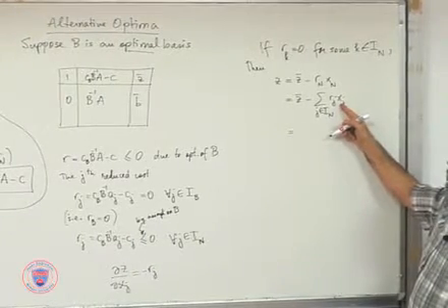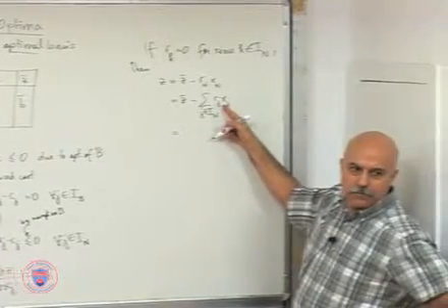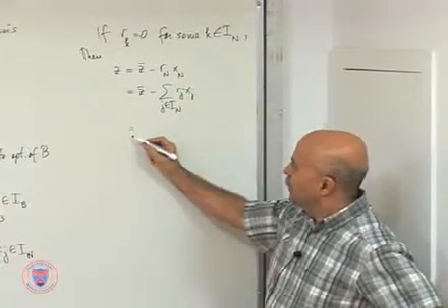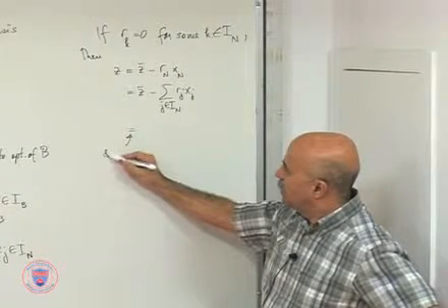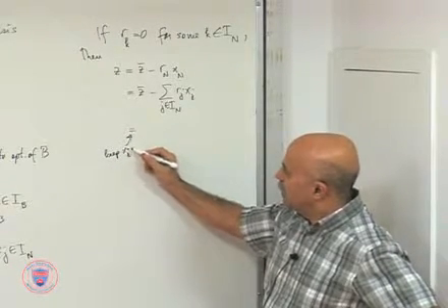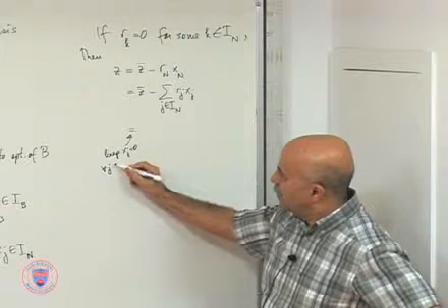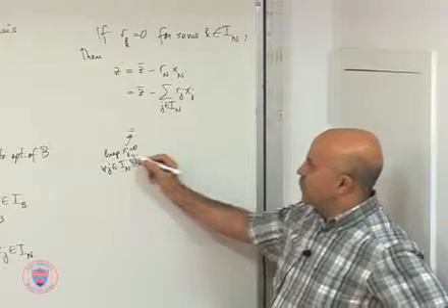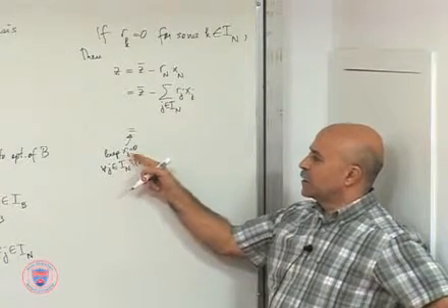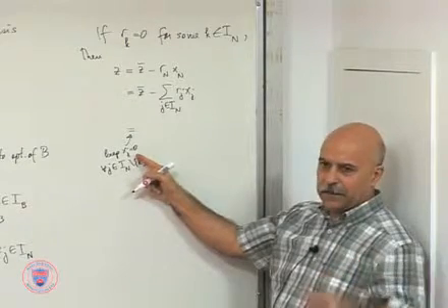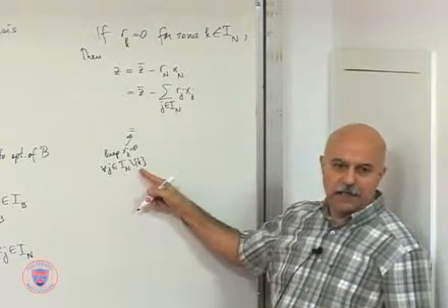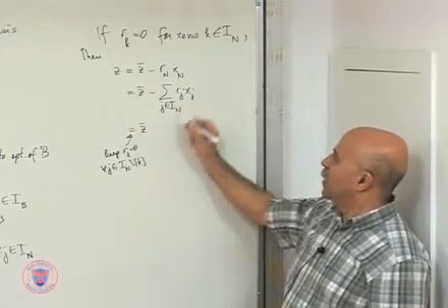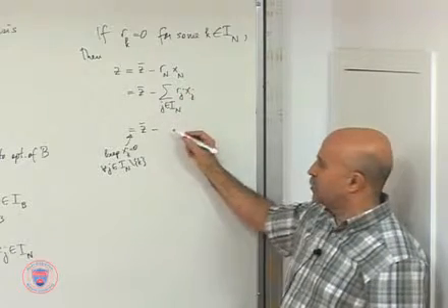If you keep all of the xj's equal to 0, except x sub k, so if I keep my non-basic variables equal to 0 other than the kth one, in that case this summation will have only one non-zero term, because the other xj's will be 0.